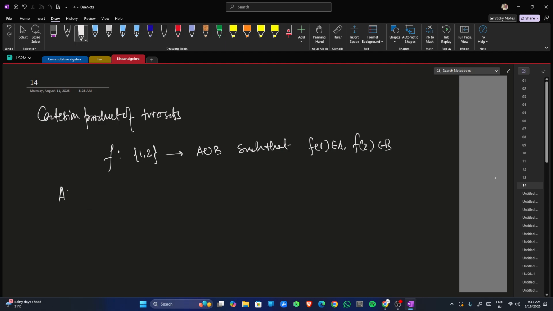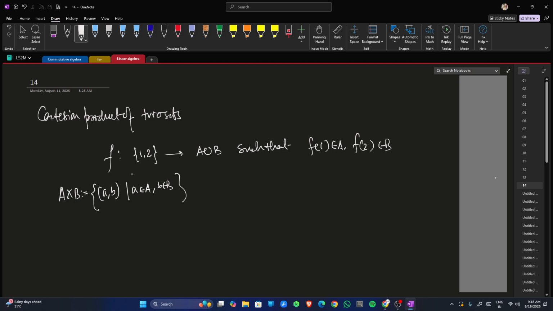And the set A cross B, as defined in our class 12, consists of pairs (a, b) where a belongs to A and b belongs to B. These two sets are in bijection; you can establish a bijection between the collection of all functions like that and the sets of these forms.